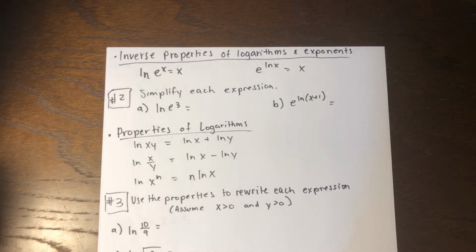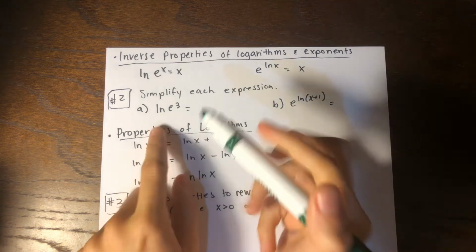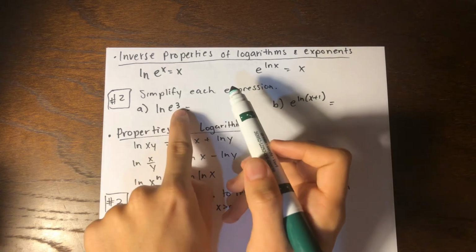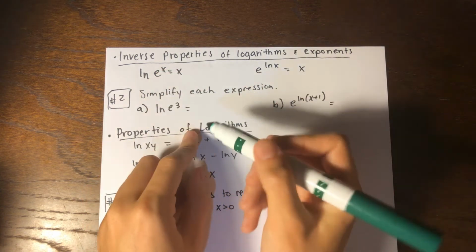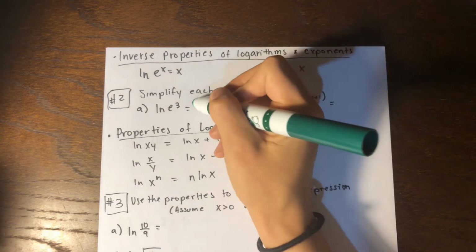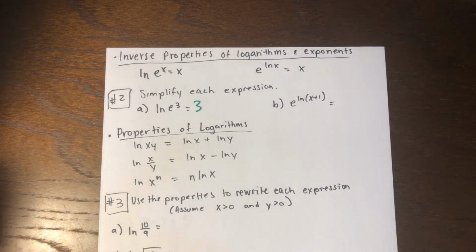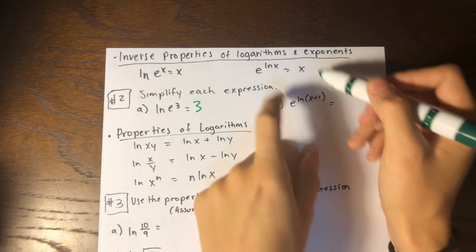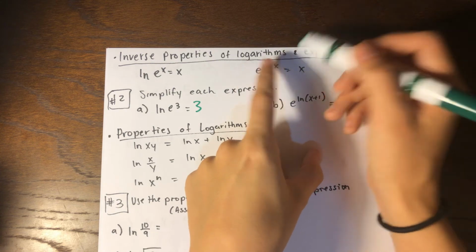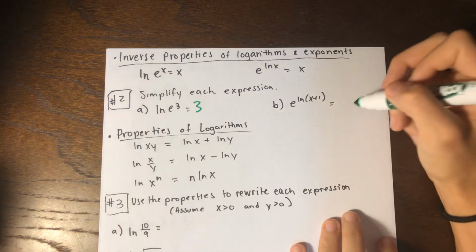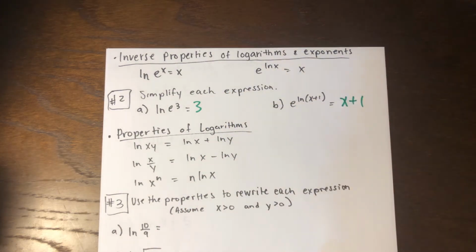So in this form, natural log of e to the third power, my 3 is my x, so this one is just going to be equal to 3. The next one we have is e to the natural log of x plus 1. This whole x plus 1 is in for my x value in the formula, so x plus 1 would be the answer.